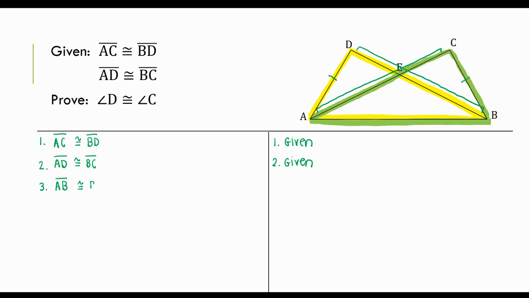I'm not going to write AB again. I have to write BA. The reason is that in the first given, A was first and B was second. In the second, same idea. A was first, B was second. So wherever I have an A in the first segment, I need a B in the second. Since I put A first, I needed B to go first. So AB is congruent to BA. And remember, something is congruent to itself by the reflexive property.